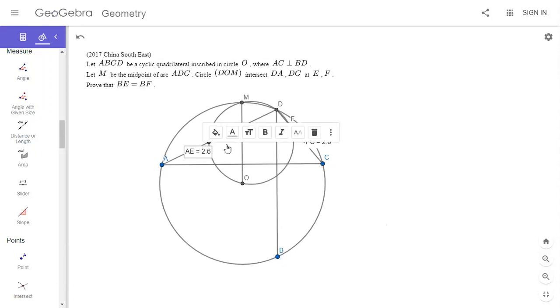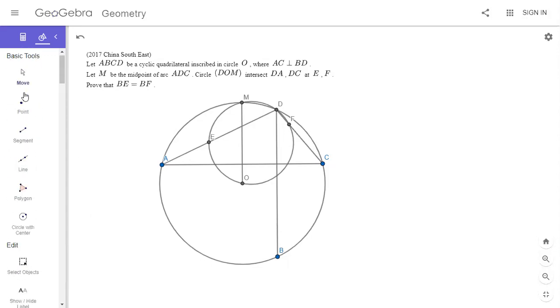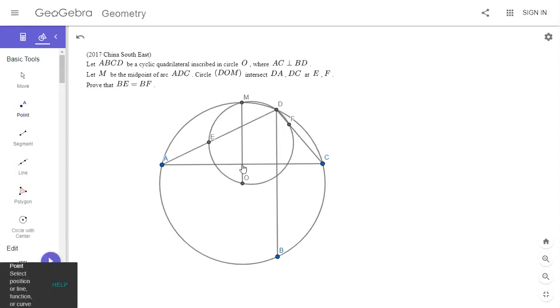So I wonder if... yeah, but AEB doesn't look congruent to BFC. At least I don't think so. But if AE is equal to FC, I wonder if angle... no, I don't think that's true.